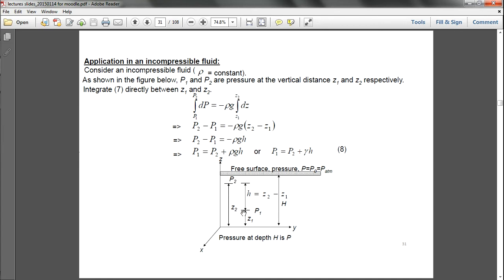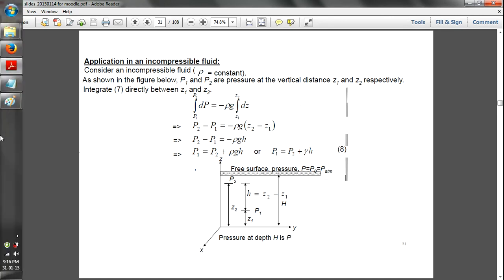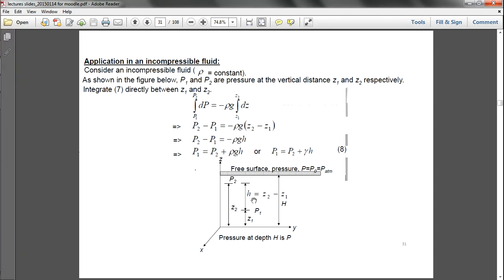Okay, so from... maybe I should think a while. After I think for a very long time, you see the time now, 9:16 already. Z2 and z1, and p2 and p1 are just symbols or notations to describe the position.